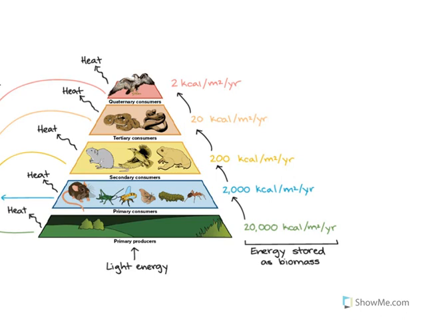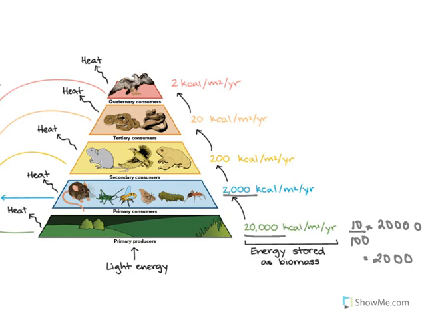We'll take up yet another example to understand this 10% rule. So at the first level we have 20,000 kilocalories. Now if you calculate 10% of 20,000, it becomes 2,000. So 2,000 kilocalories are available at the next level, primary consumers.